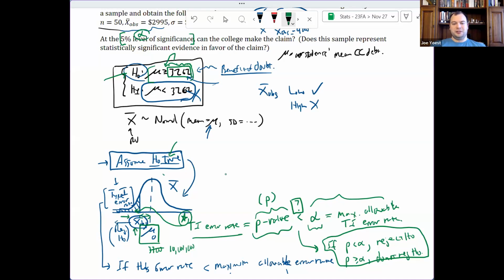It's the closest one to X bar observed. So I'm always going to test against the mu naught that is right at the boundary.